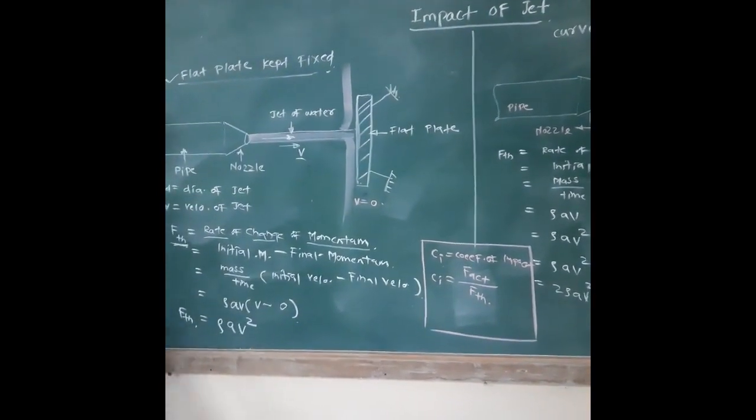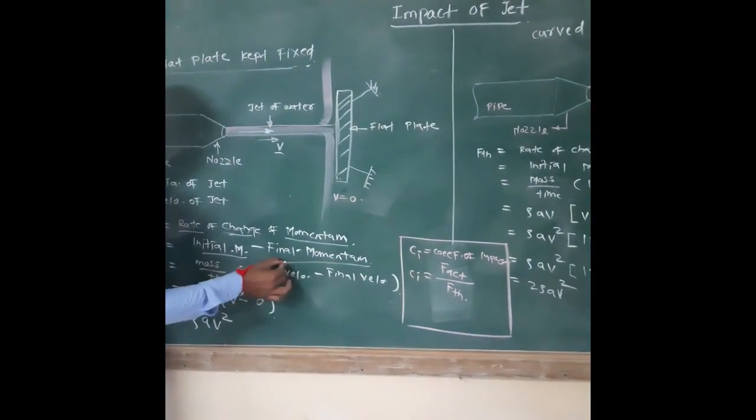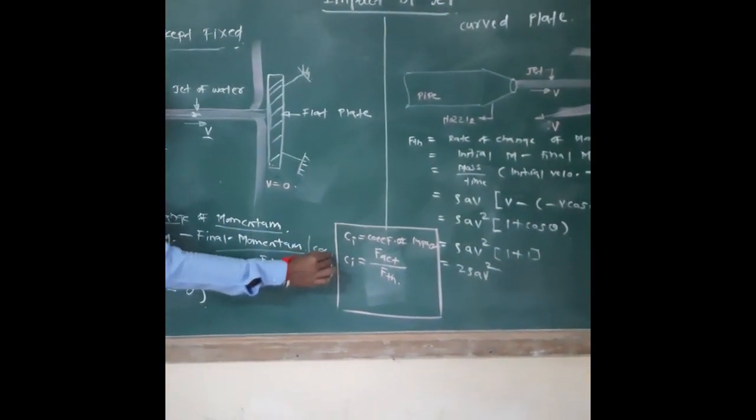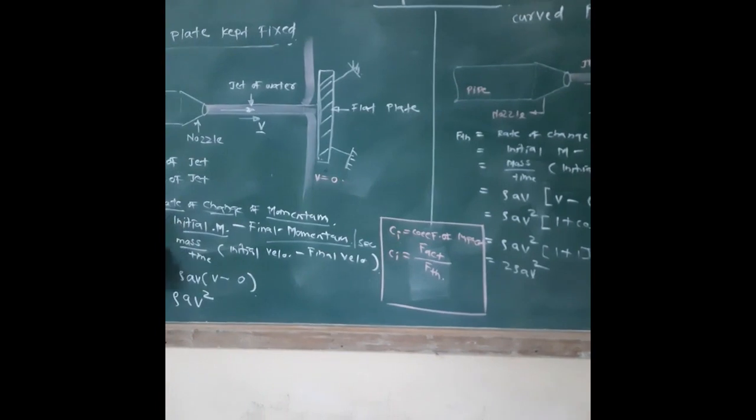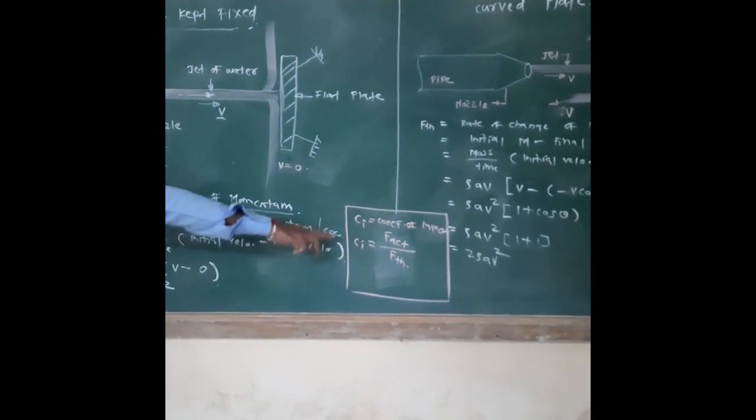Now we know that the rate of change of momentum is nothing but initial momentum minus final momentum divided by time. Change in momentum is given by initial minus final, and rate is given by division by the time.